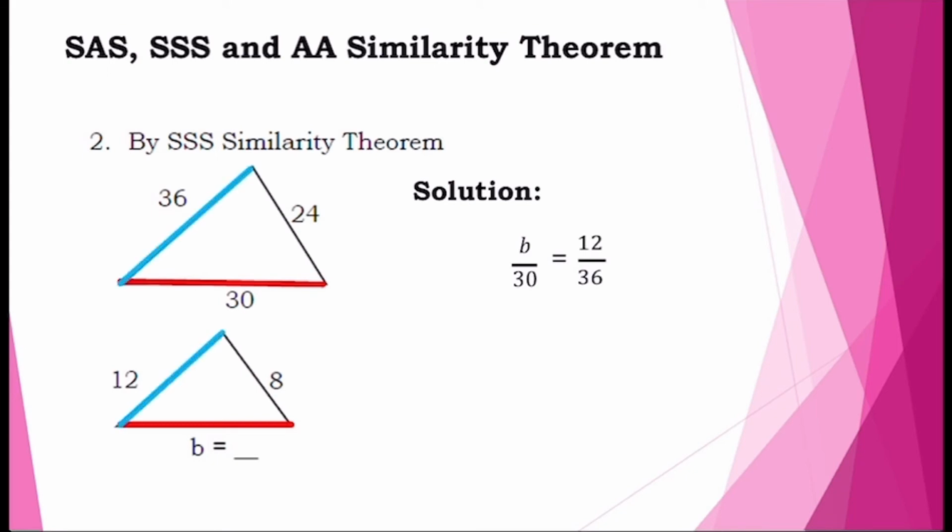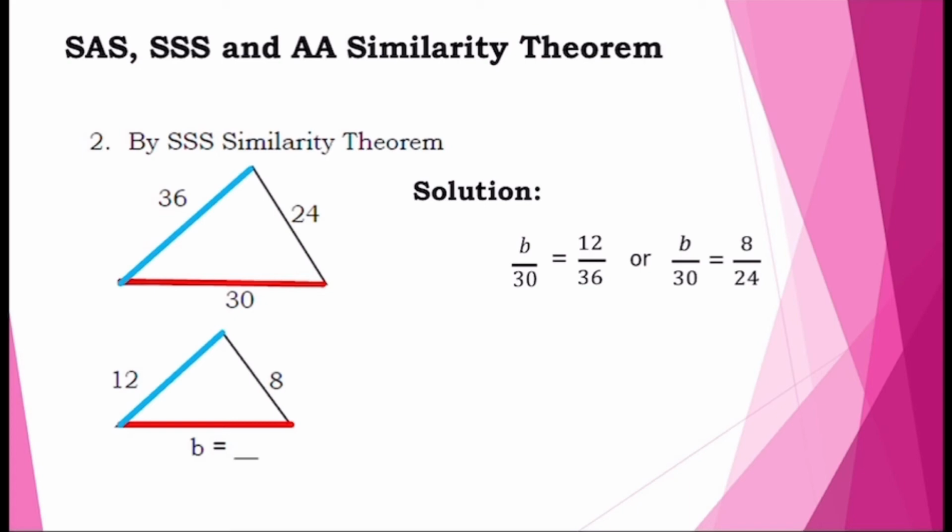Or you can use b over 30 is equal to 8 over 24. It's up to you, class, which among the two you are going to use. So for this example, we're going to use the first one. So let's apply the fundamental rule of proportion.